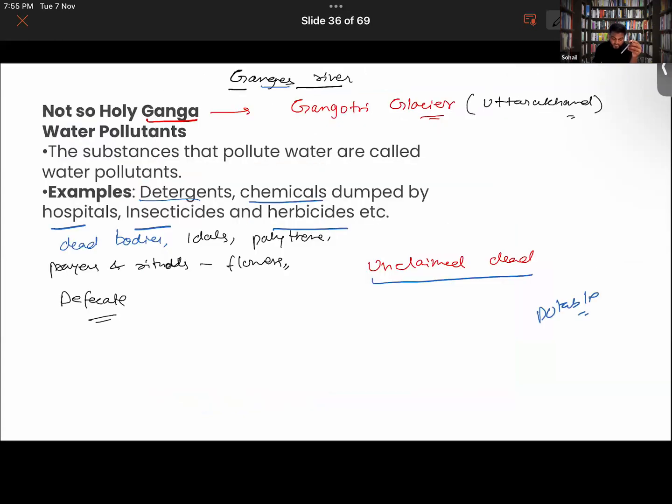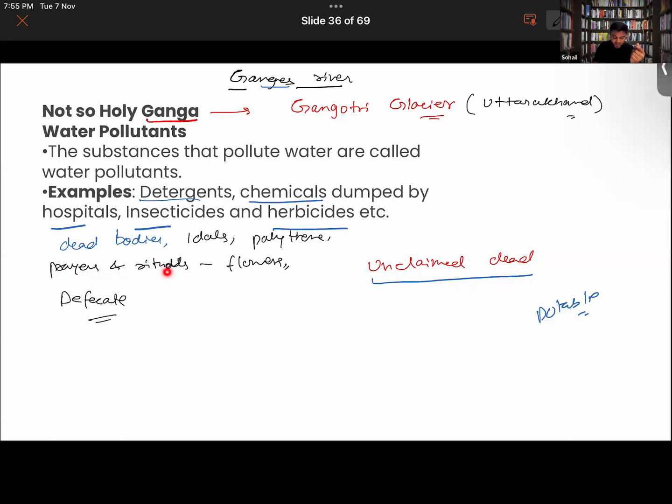Now we did talk about the not so holy Ganga, coming from the Gangotri glacier in the Uttarakhand state here in India. Examples of pollutants harming the Ganga are as follows: dead bodies, idols being dumped into the Ganga, polythenes.